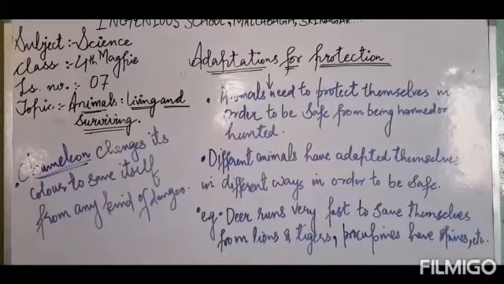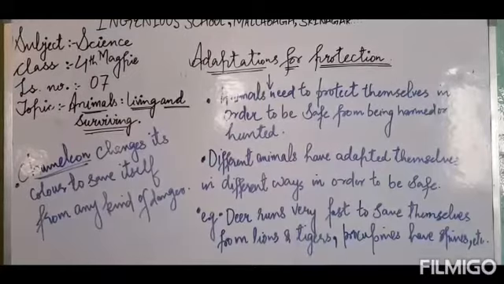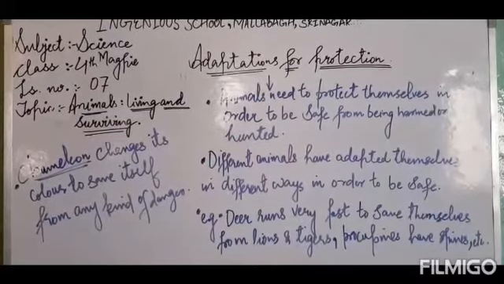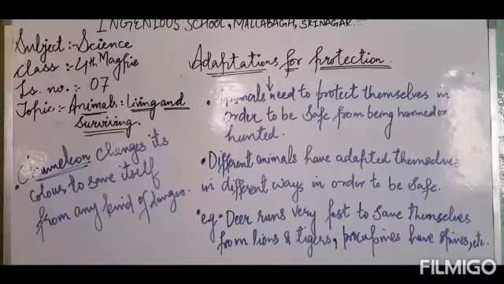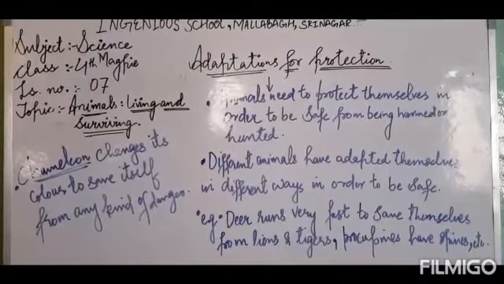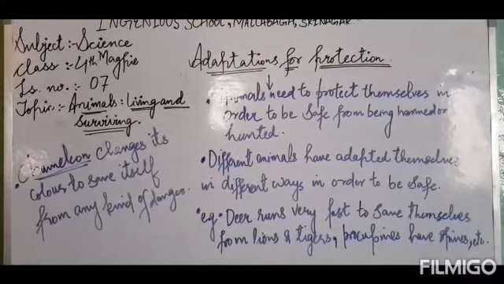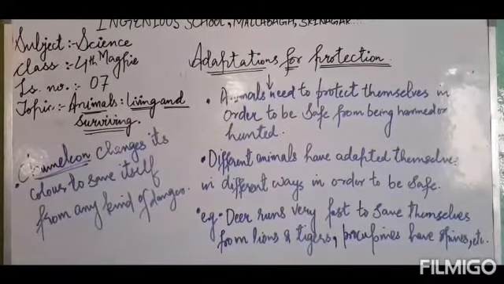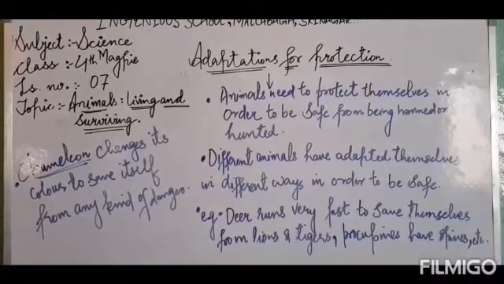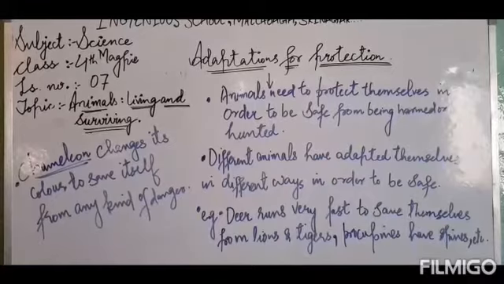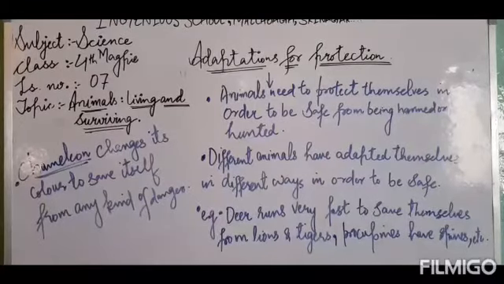I'll give an example of one more animal, the deer. Deer runs very fast in order to save itself from being hunted, in order to keep itself safe from lions and tigers. In the same way, elephants and hippopotamuses are huge animals.